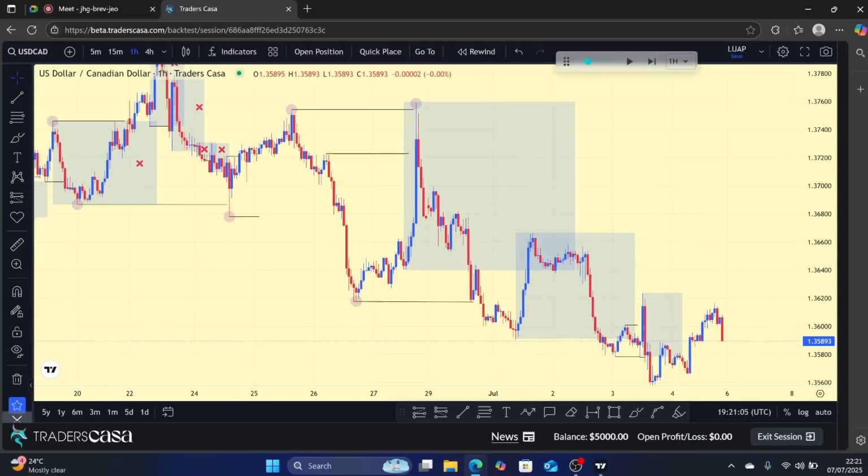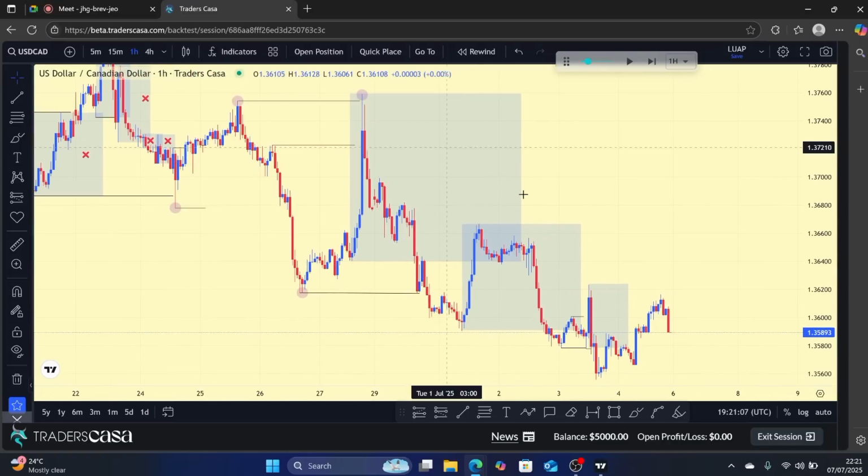Then after that, I consider this one here to be an invalid pullback, because we consider the charts of multiple brokers, and we found that this one here was not a valid pullback.